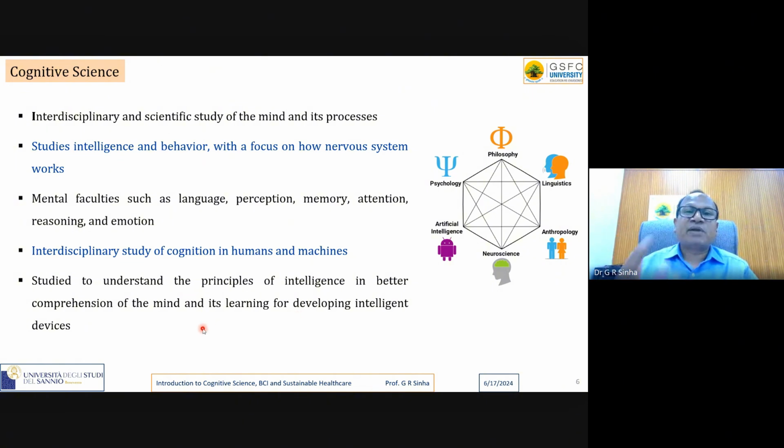Why do we study the brain? So that the intelligent systems which are controlled by the mind, we can easily understand. To understand how those devices and intelligent systems work, we need to understand the mind and the brain. Therefore, cognitive science is gaining a lot of importance in the current decade, and this is purely interdisciplinary.